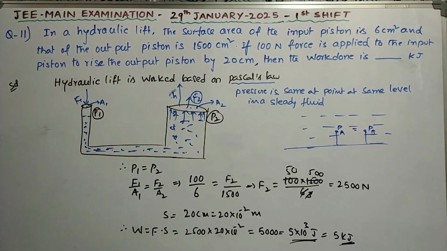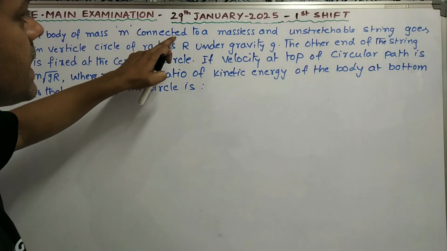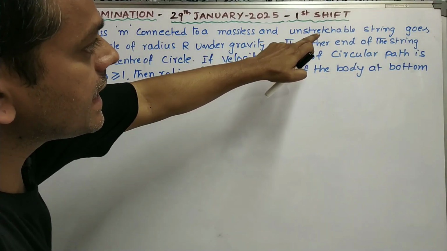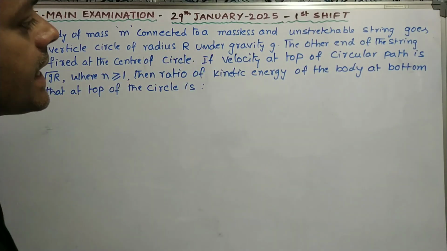Okay, the 12th question. A body of mass m connected to a massless and unstretchable string goes in a vertical circle of radius r under gravity.